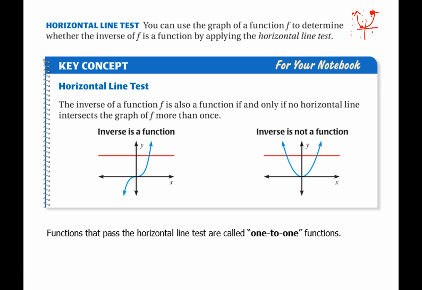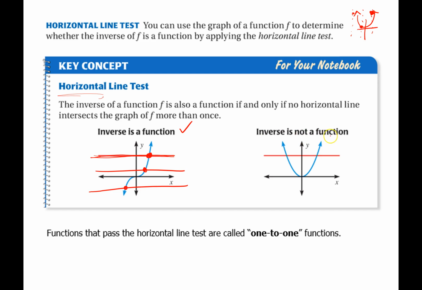So what we're going to do is use the horizontal line test for inverses. If you're looking at an original graph, like this one here, I haven't flipped anything, and you do the horizontal line test, going horizontally across the graph, and it only touches at one point, no matter where you put that horizontal line, then you can say that the inverse is a function without having to do all of the work that we've done in this section so far.